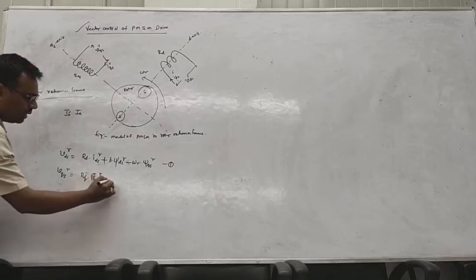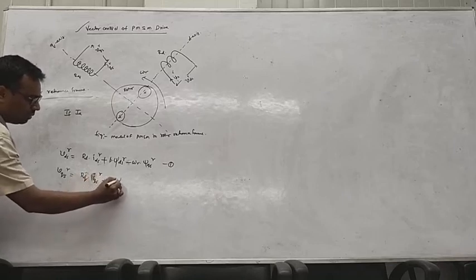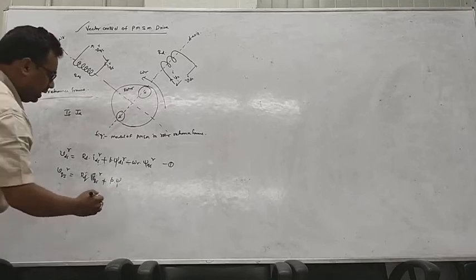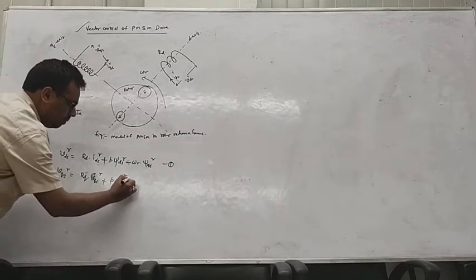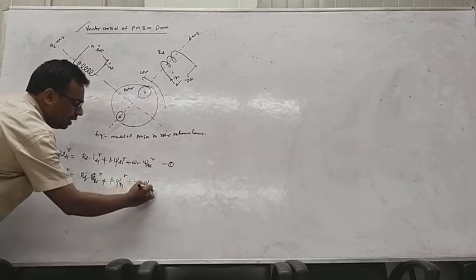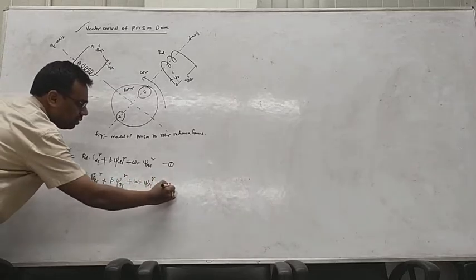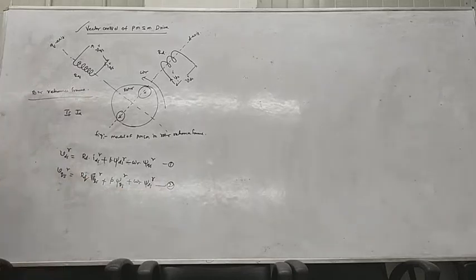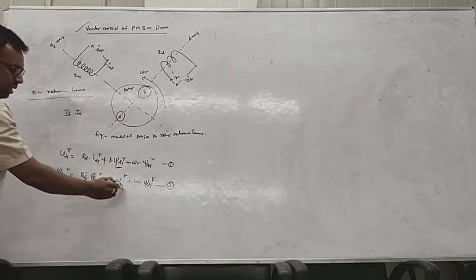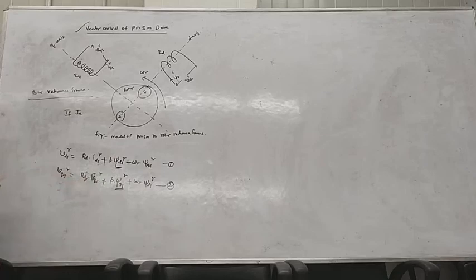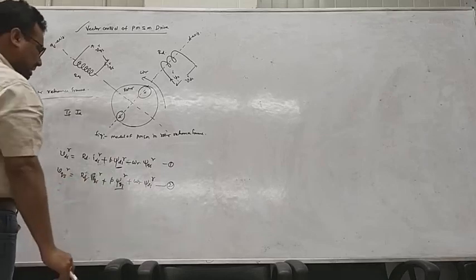IQS plus the rate of change of flux linkages in the quadrature axis plus the rotational induced EMF. So these are the two equations. Now you need to find the flux linkages of the quadrature axis as well as the direct axis.